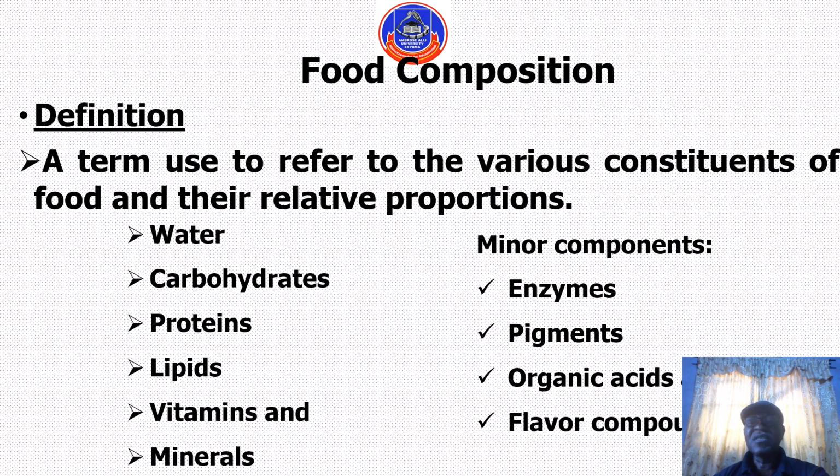Now, these components of food are of two types. We have the major components as well as the minor components. The major components are classified as water, carbohydrates, protein, lipids, vitamins, and to some extent minerals, while the minor components include enzymes, pigments, organic acids, and flavor compounds.